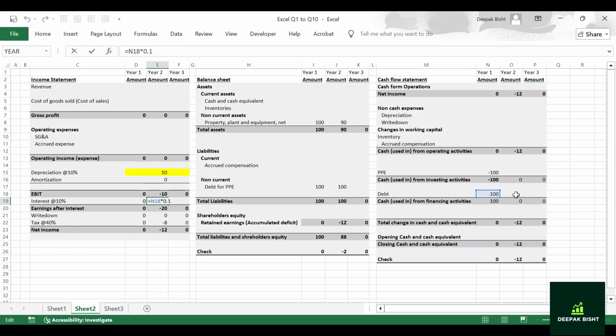So the debt we have, I think it would make much more sense if we use J19 from the balance sheet. So we have paid an interest of $10, so to earnings after interest.